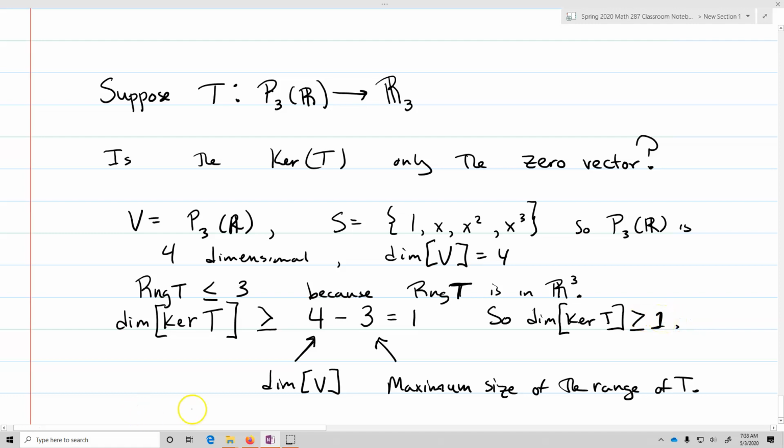And what that means is that the answer is no, because the dimension of the kernel of T must be greater than or equal to 1, by rank-nullity.